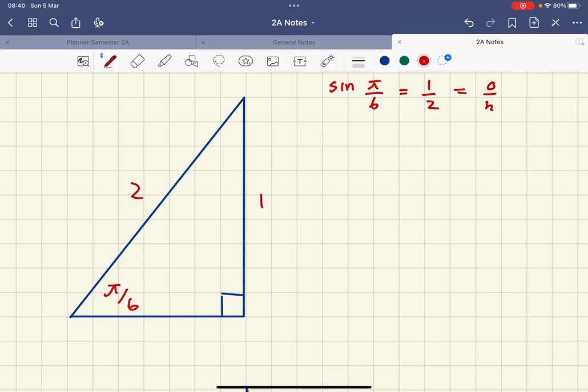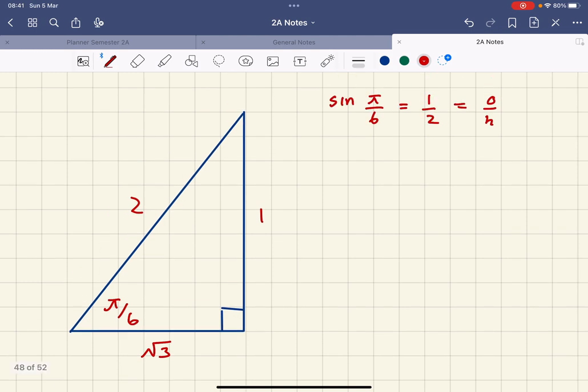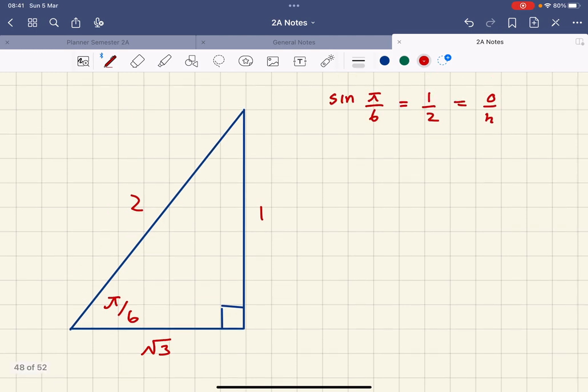Now, what else can I fill in there? We're using Pythagoras. This side here becomes root 3. The hypotenuse, which is 2 squared, take away 1, and then I get 3. I also know this other angle up here. I'm going to fill that one in a minute. But before I do so, on that diagram now, I can do two more trig ratios.